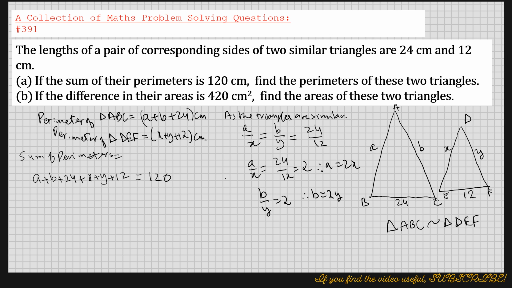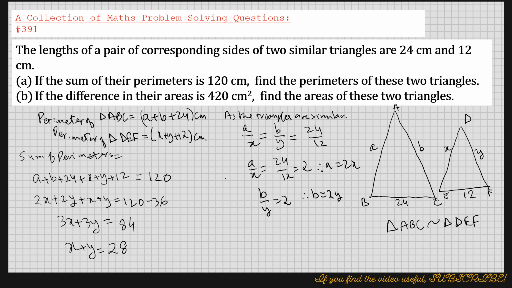So instead of a plus b, we can write 2x plus 2y, then plus x plus y equals 120 minus 24 plus 12, which is 36, and therefore 3x plus 3y equals 84. So we get x plus y is 28.